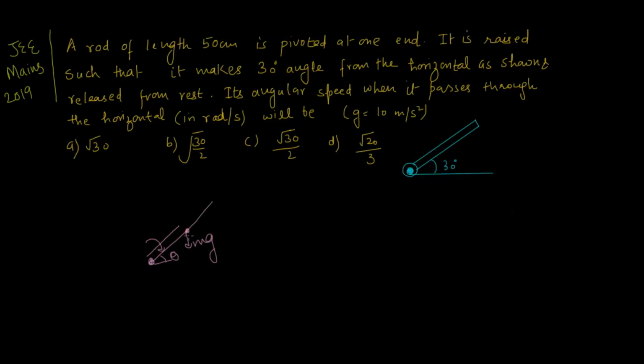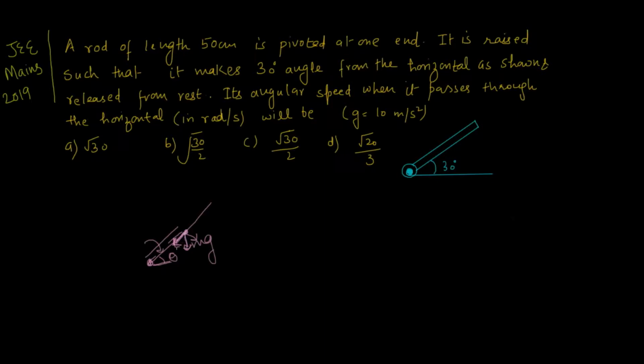Now, this mg force will have a component in this direction as well as in this direction. The component along the rod will not cause any rotation, because it is passing through the hinge, and the torque formula is R cross F. R acts in this direction and F in the opposite direction, so the angle is 180 and the torque will be 0 because of that component.